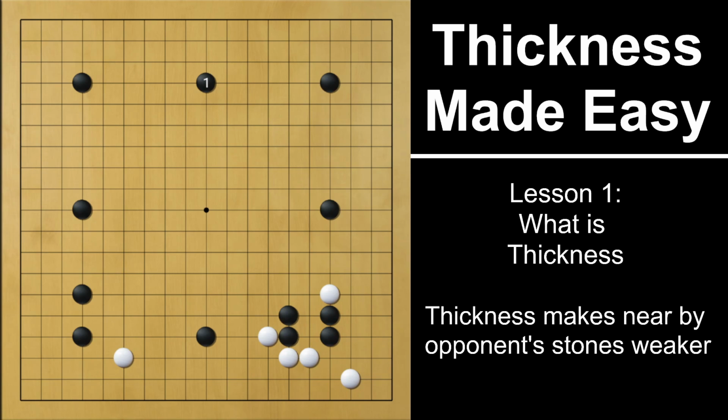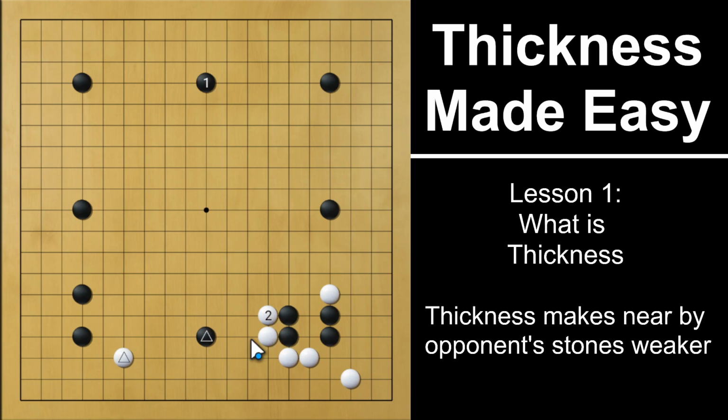If black plays B, then white is going to play over here. And this pincering stone all of a sudden is getting pincered by this white stone and this white thickness. These white stones are alive, and white doesn't really care about this stone.